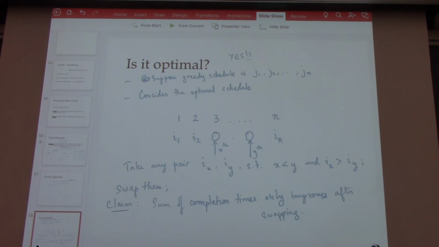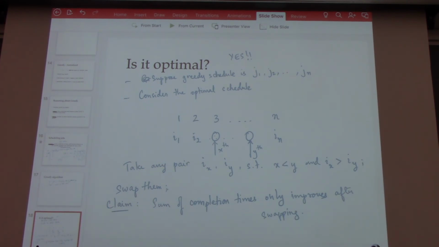So, alright, why is this enough? I mean, suppose you show this. Is this enough to say that we've actually proved optimality? Any reason? I thought I saw you nodding. Oh, yeah.